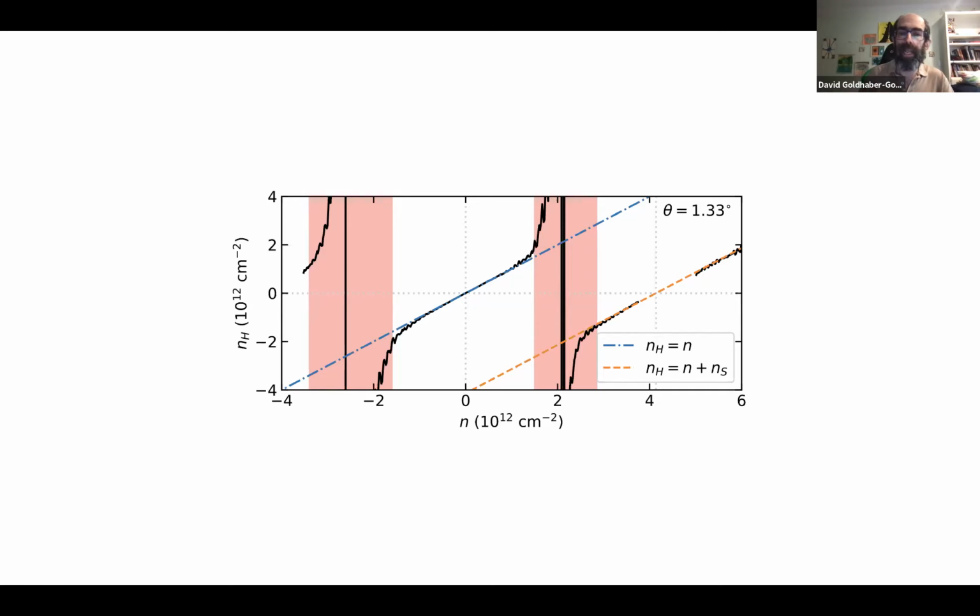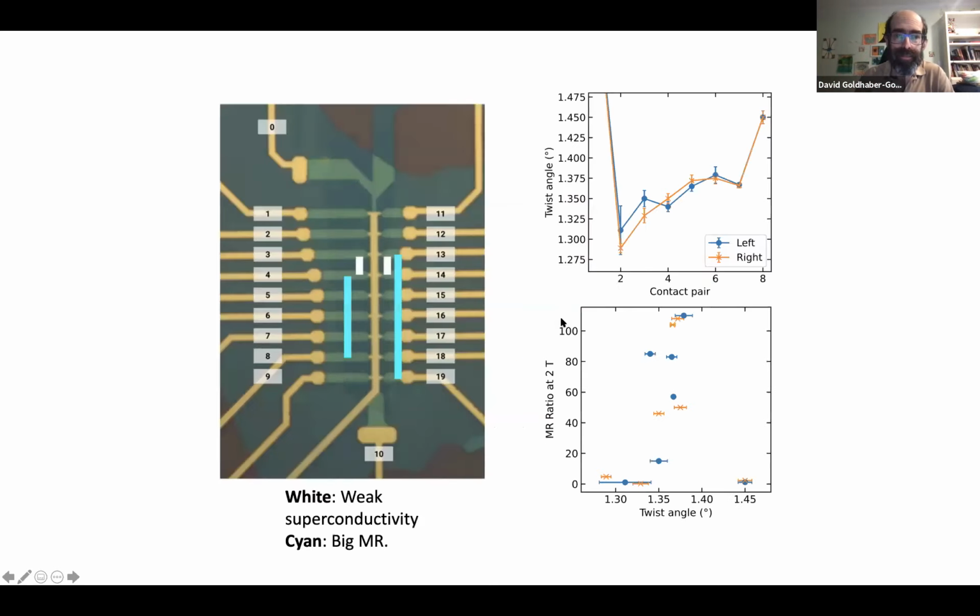But here there's no evidence of polarization, and that's not surprising. This band is broader than the Coulomb energy, so it's not too surprising that the Hall signal does something relatively simple. But we've learned something: strong magnetoresistance is occurring near Van Hove singularities.